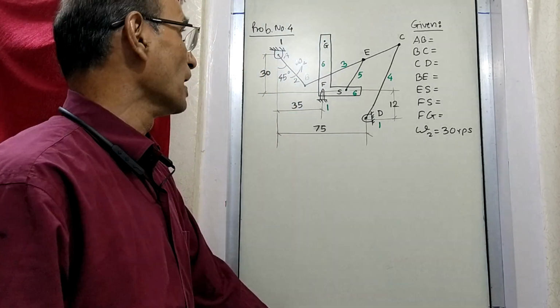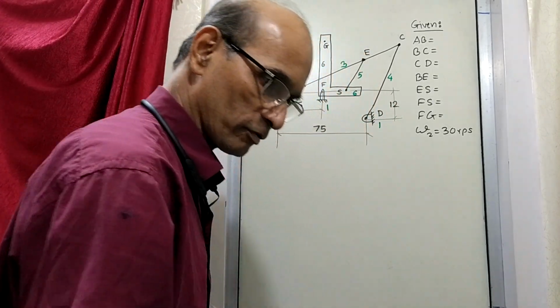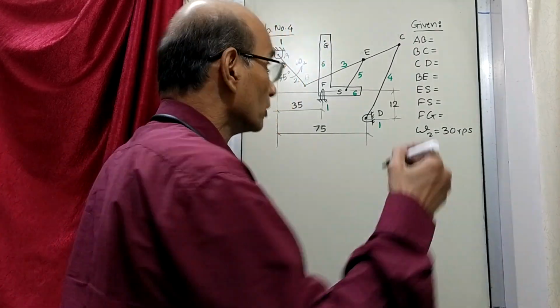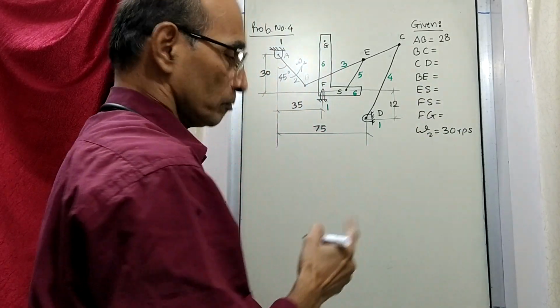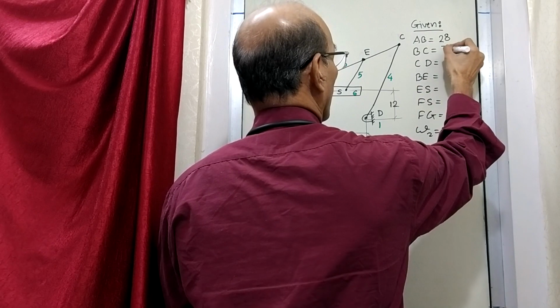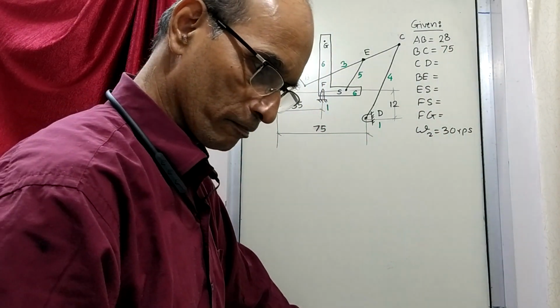Okay, so now you can see that this is the mechanism that is given. Some of the dimensions we have to write still. So AB is 28. BC 75.